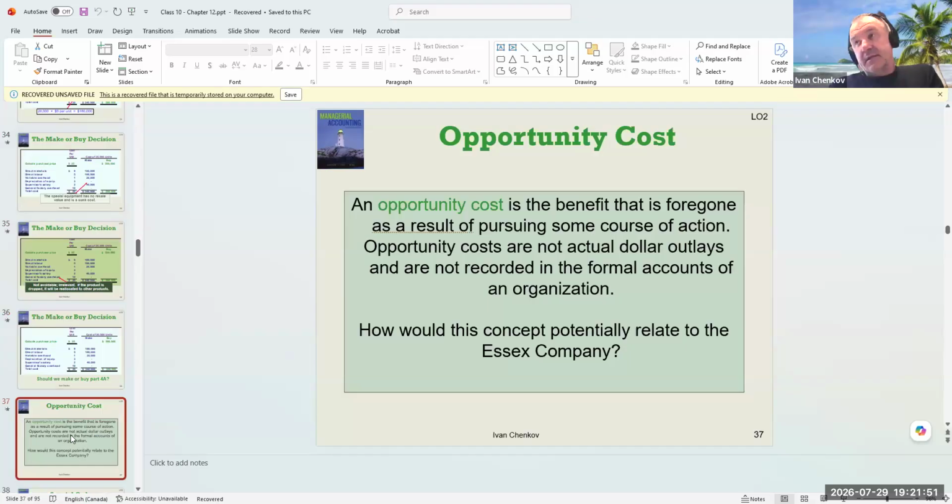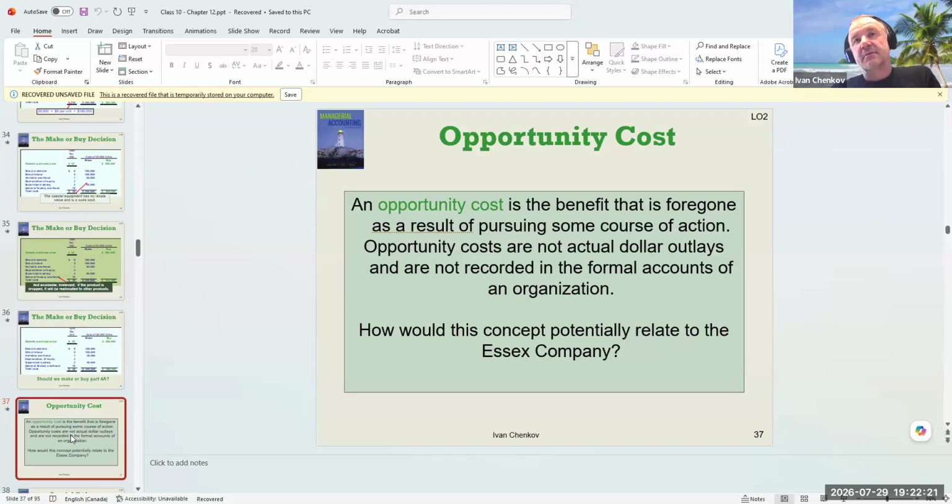The next type of cost that we have to consider is called opportunity cost. Opportunity cost is not a cost that we have to pay, but more like a cost that we have to consider every time we decide which alternative to choose between one alternative and the other. It is related to the benefits which are foregone as a result of choosing one course of action versus another.